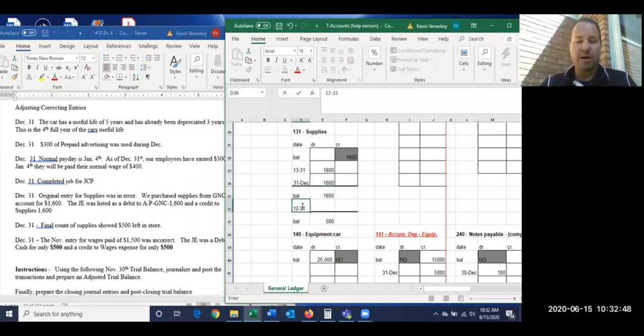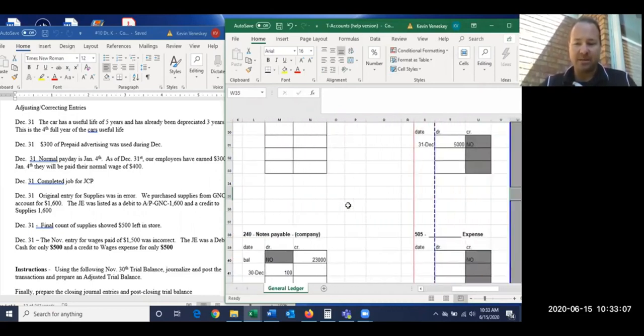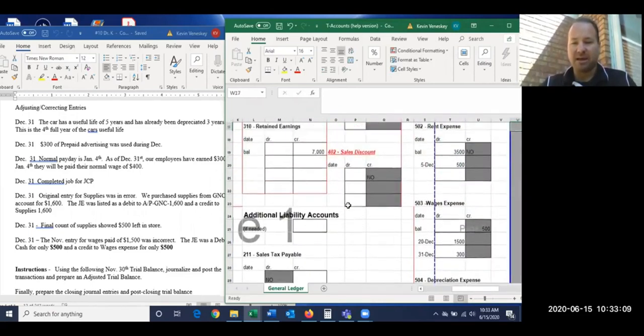So on 12/31, I need to figure out how much supplies I actually used. And just by doing the simple math, you should see that it comes out to be $1,100. I used $1,100, so that's got to be my debit when I come over to my supply expense.